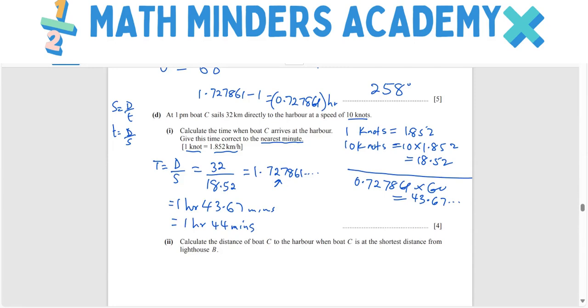Now, if the boat were at 1 p.m., the boat sails 32 kilometers, right?